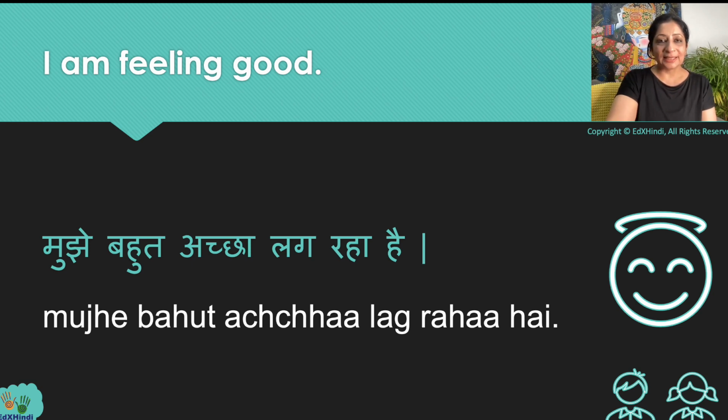And in this case, it doesn't follow the मैं हूँ sentence structure, because whenever it is related to your feeling, the sentence structure changes in Hindi. If it is a feeling related sentence, it is called मुझे लग रहा है.